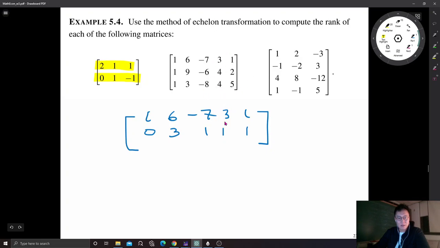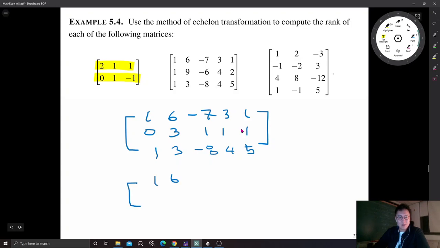Let me just double check whether this is correct. All right. And similarly, we need a 0 in the third row, so we take away the first row vector from the third one.